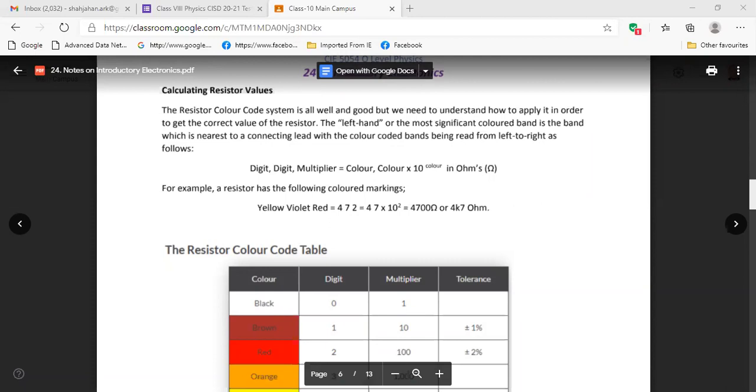Now, this induced EMF or induced current is coming from the motion. Either you have to move the magnet or you have to move the conductor, isn't it? You can remember the first diagram I gave. In that diagram we had only one where that one was moved inside the magnet, isn't it?